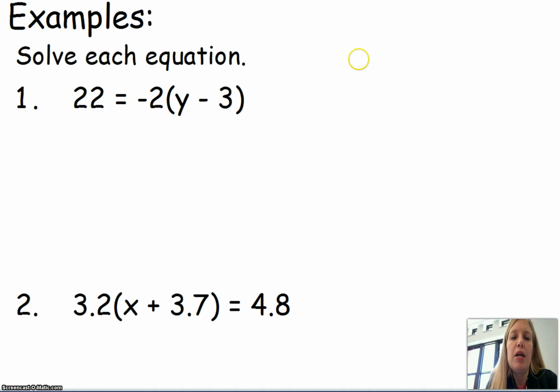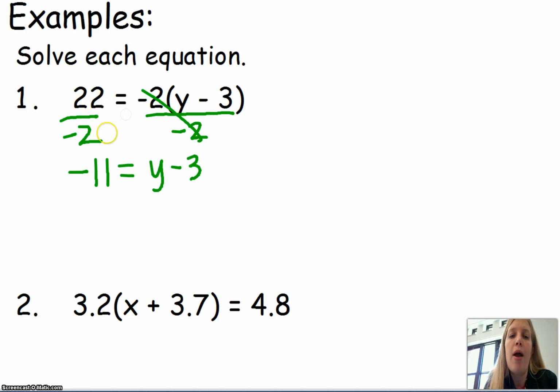So here, number 1, we look at 22. I can easily divide by -2, so that's what I'm going to do, because it gets me to the answer a little bit faster. And in math, we like to get to the answer faster. 22 divided by -2 is -11, and we're left with y minus 3. Then we add 3 to both sides.